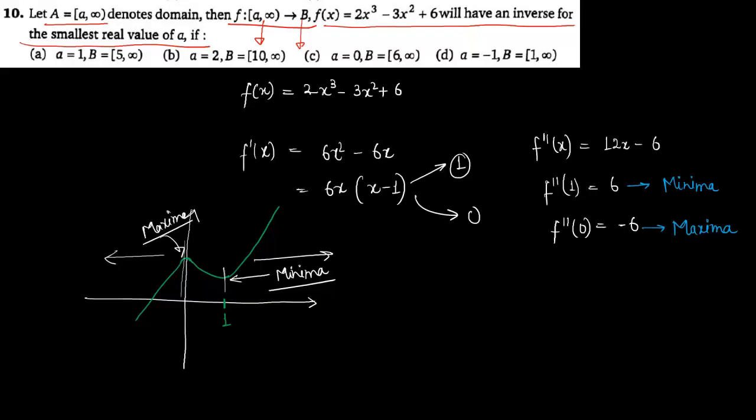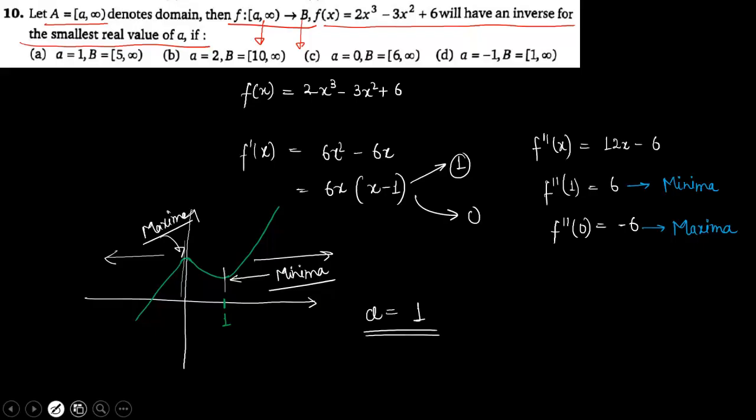So the value for a should be 1, because we are choosing a to infinity, so a must be at least 1 here. From 1 to infinity it will be a one-one function. We can't choose 0 here.